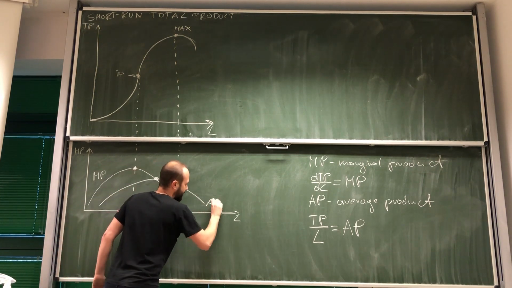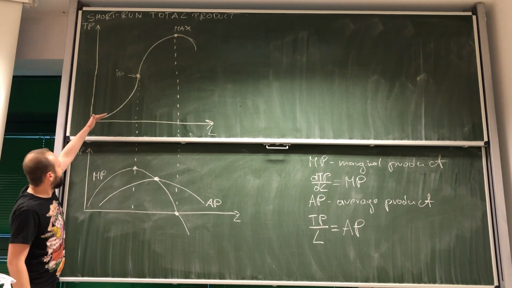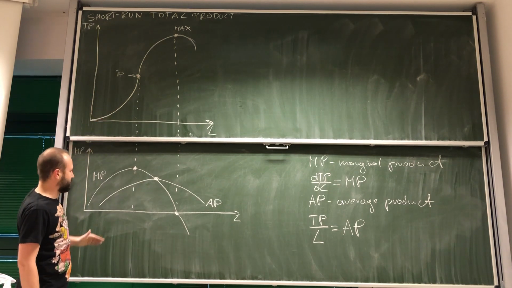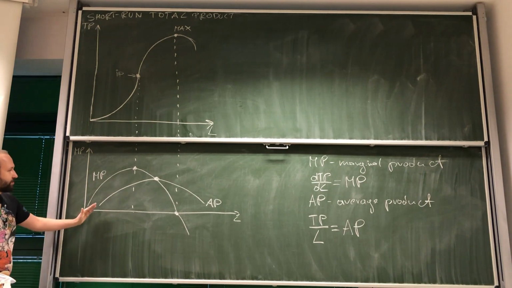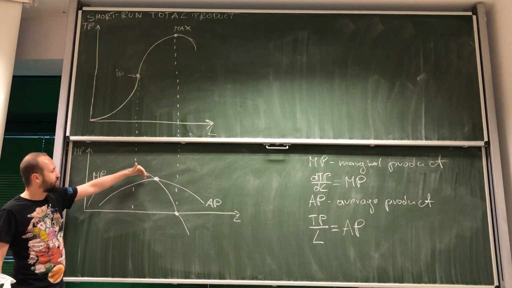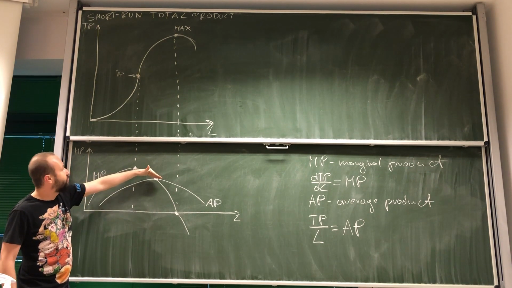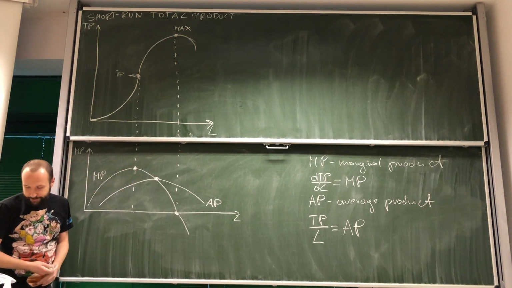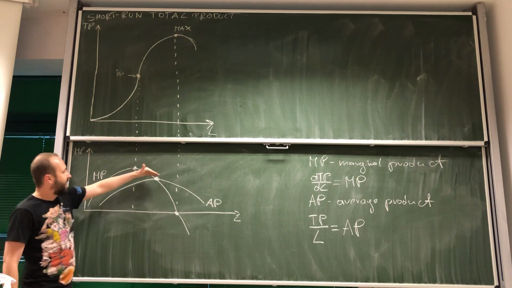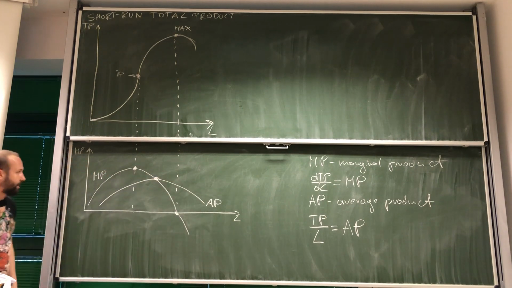So this is average product, without first explaining to you why. Of course it makes sense. If here the level of production in the company increases more than proportionally, then it means that each additional worker brings more production. So on average, it should increase. At some point, it will reach a maximum, and then of course, as each worker is bringing less and less to the company, and at some point production actually starts to decline, average product should decline as well.